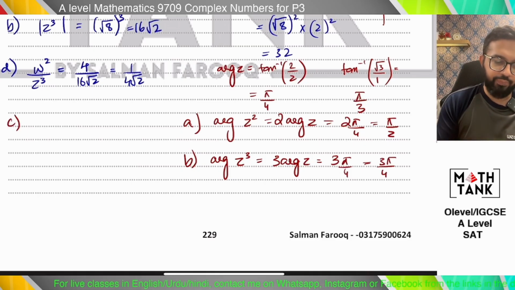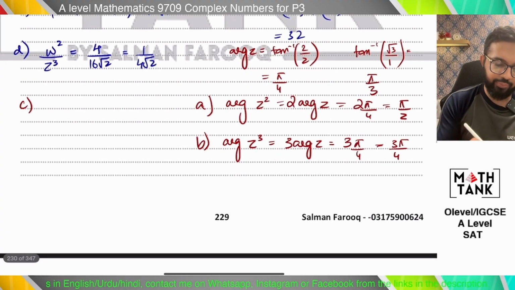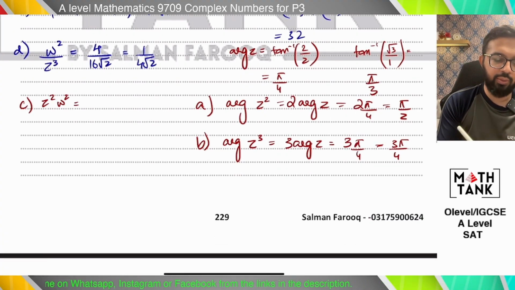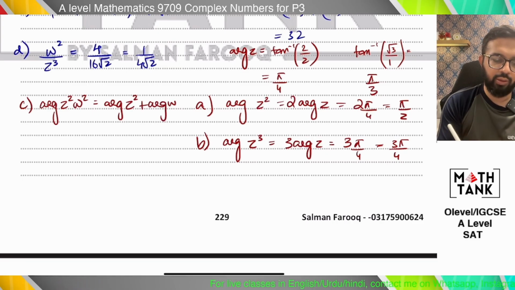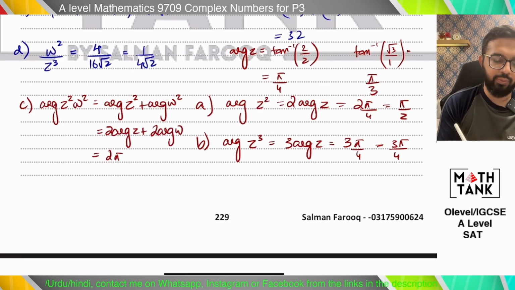For C, I have z squared into w squared. When you have the argument of z squared into w squared, the arguments get added, so 2 times the argument of z plus 2 times the argument of w. So 2 times pi over 4 plus 2 times pi over 3.